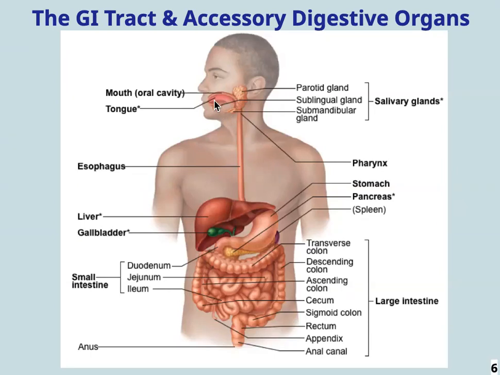Organs that are directly part of the alimentary canal, also known as GI tract, or organs that are considered accessory digestive organs. So GI tract includes the mouth, the esophagus, the stomach, the small intestine, so all 3 segments of the small intestine, all 3 segments of our large intestine, including also the sigmoid colon and rectum as well.